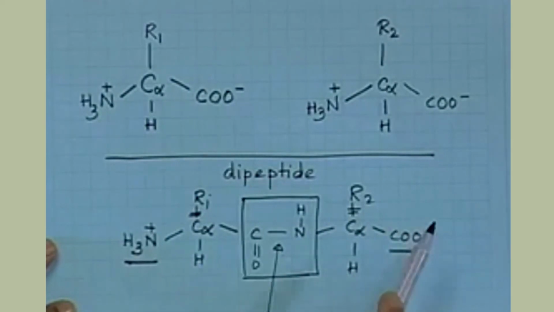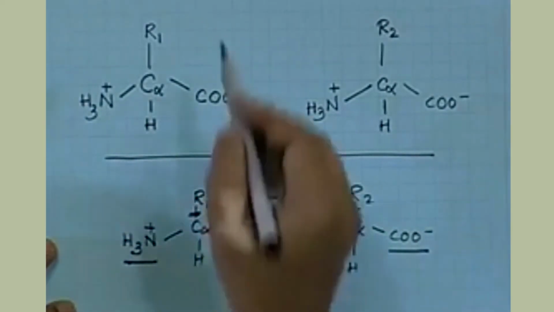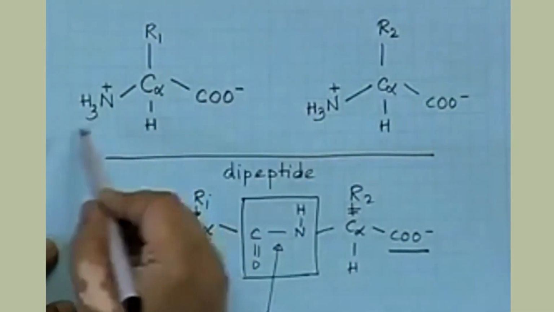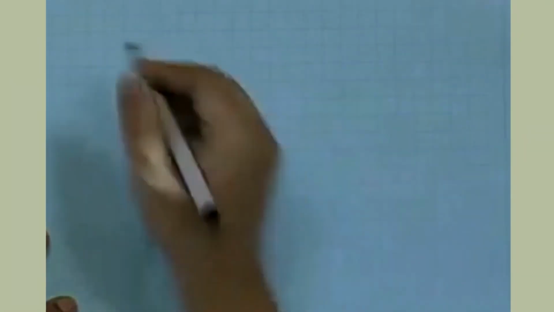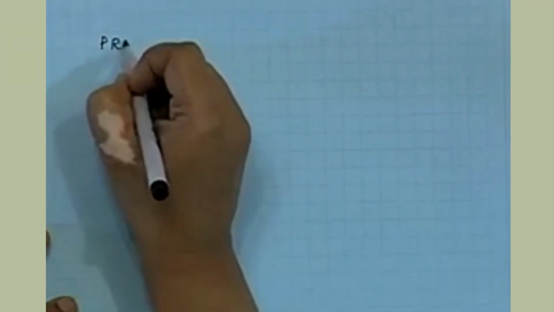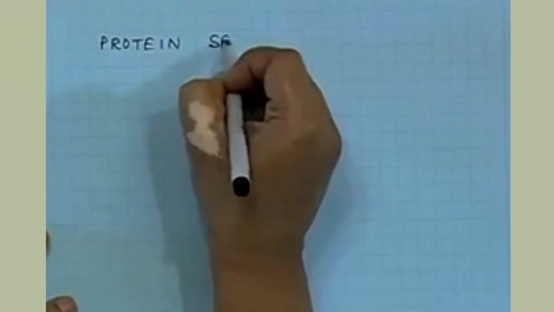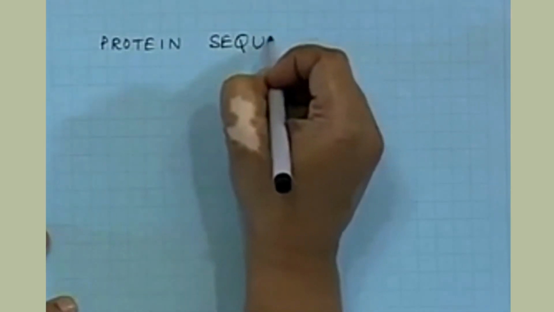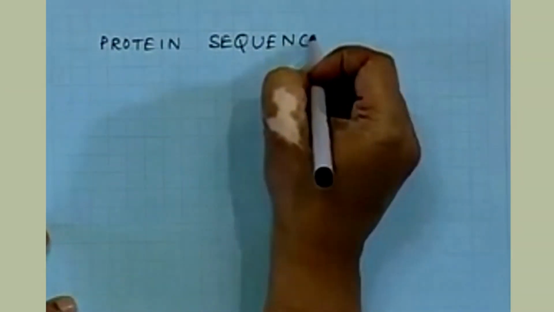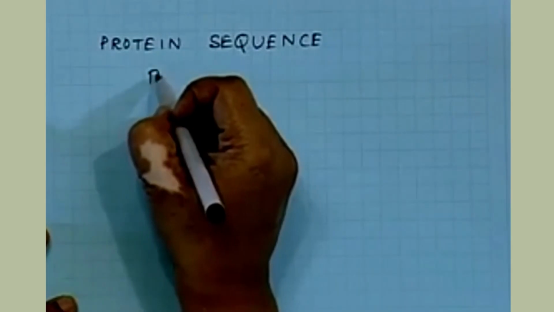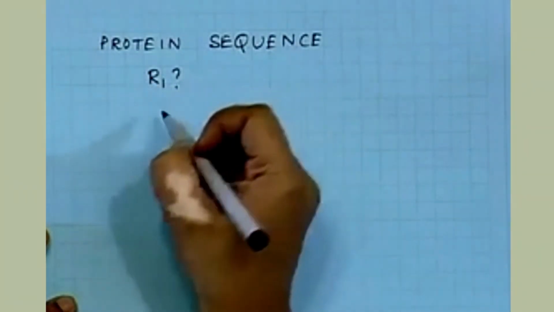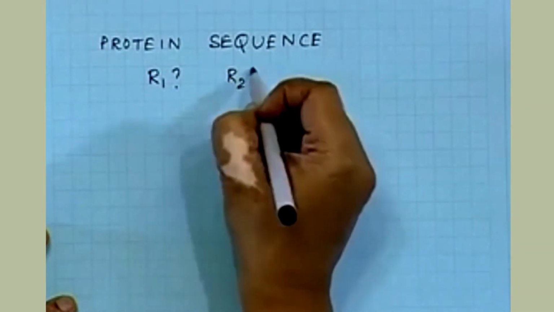So, instead of writing this in an elaborate fashion, when we write a protein sequence, as we will see later, all the information we actually need is what is R1 and what is R2.